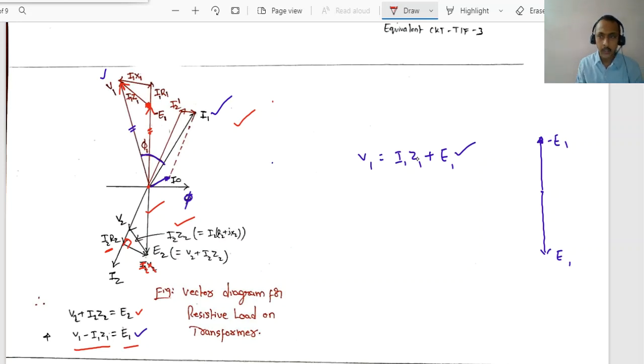If it is some other load, there will be some angle difference between the voltage and current. There will be some angle existing. Here in this context, both V2 and I2 are in phase. They are drawn on the same line. If this is V2 and I2 is also drawn on the same line, because it is a resistive load, V2 and I2 will be in phase. There won't be any angle.